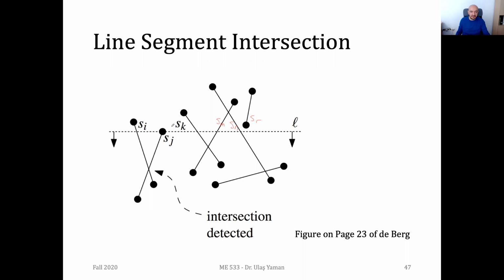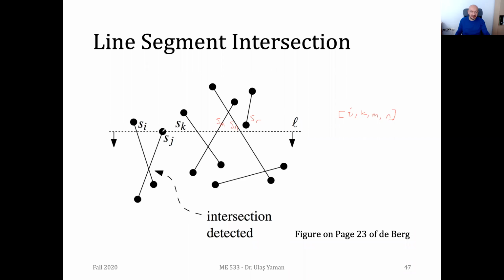Then what happens just before this one? Let me write the status. This is I, then K, then M, N, and we have nothing for R since R is a bit above. So this is the status of the sweeping line just before this event point.